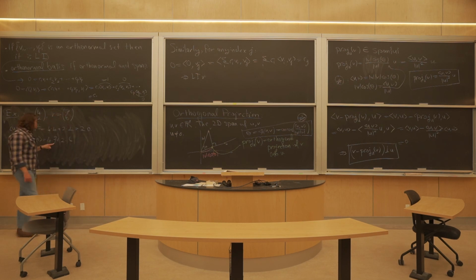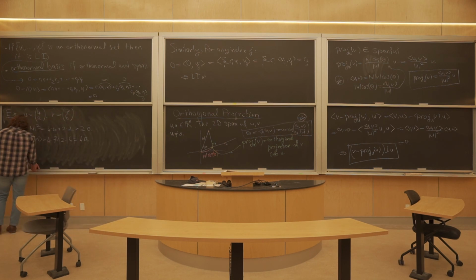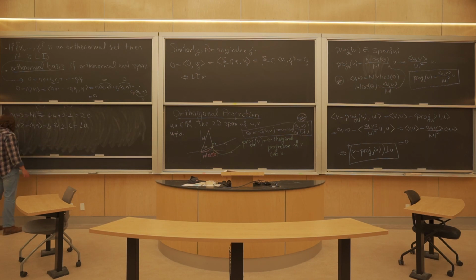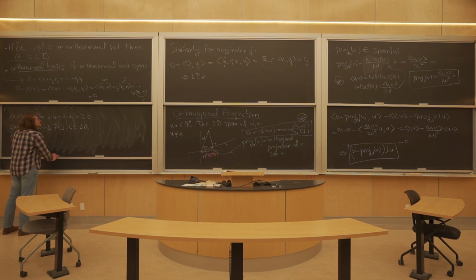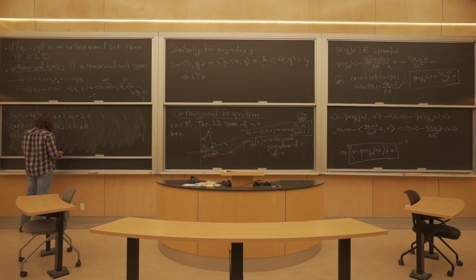So that's 28 plus 12. That's 40. And then v against v, which is v norm squared, is 7 squared plus 6 squared. So that's 49 plus 36. And so that would give me 85.